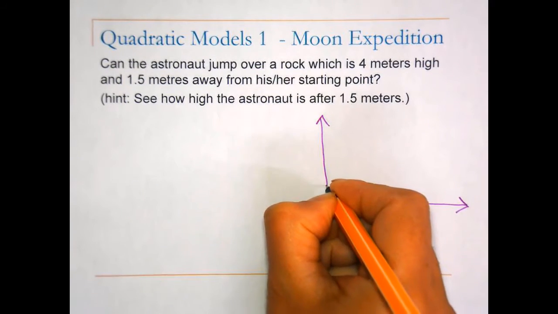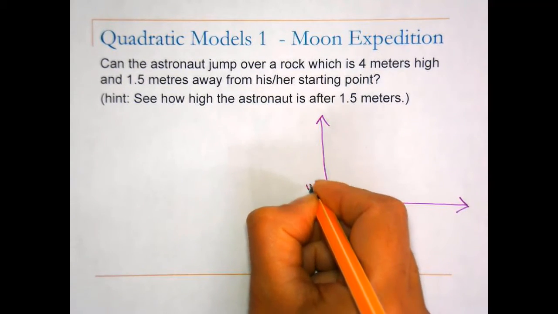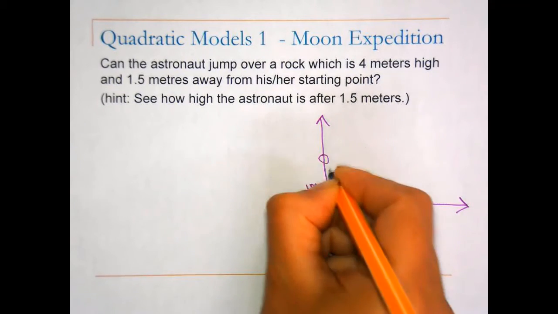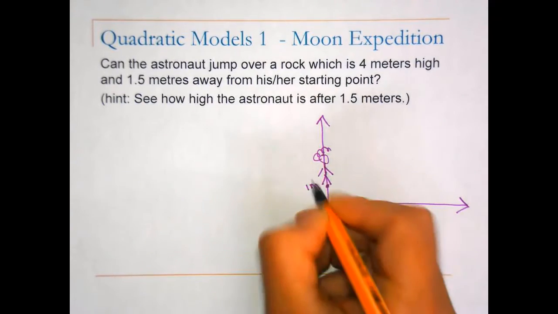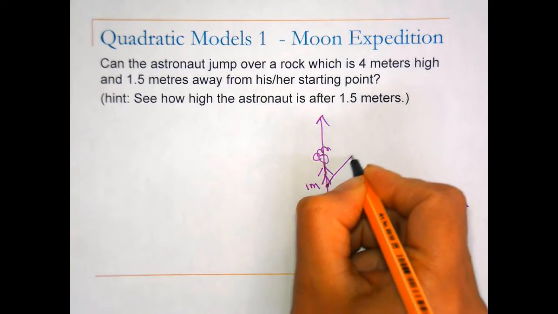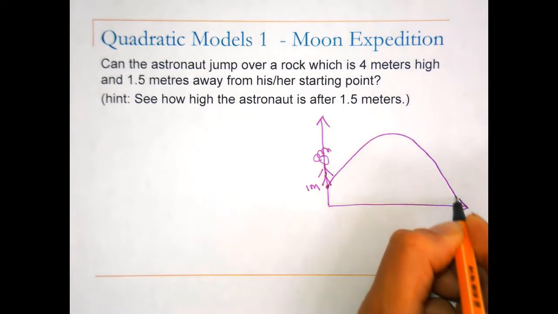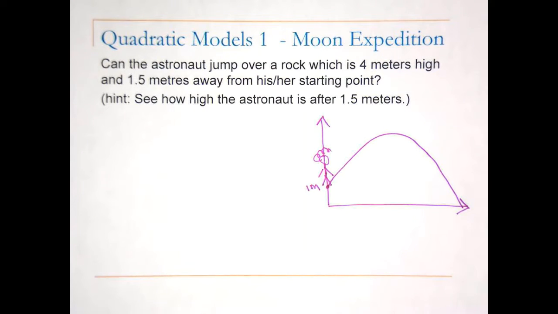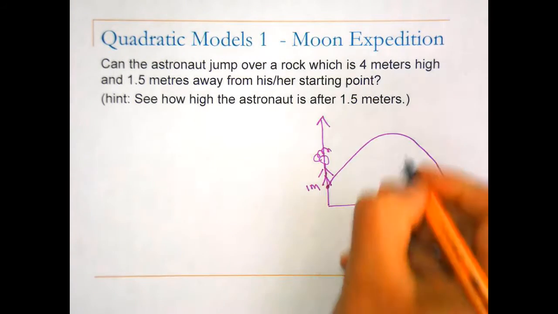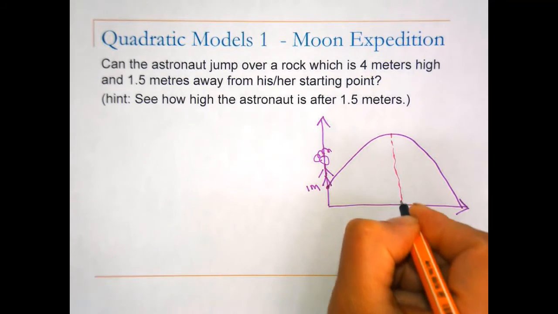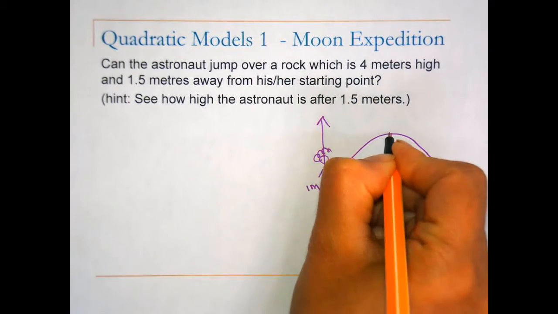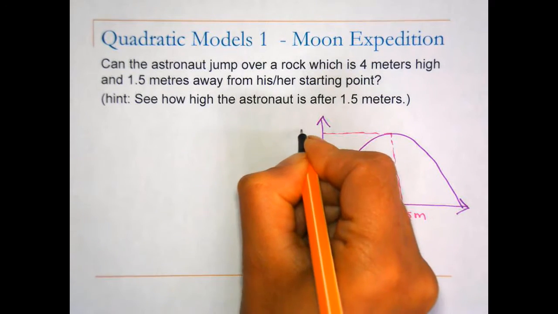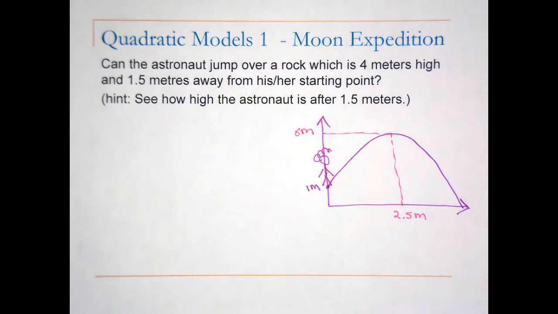So we have here at 1 meter, now we know that our astronaut will start jumping. And we know that at 2.5 meters it reaches 6 meters.